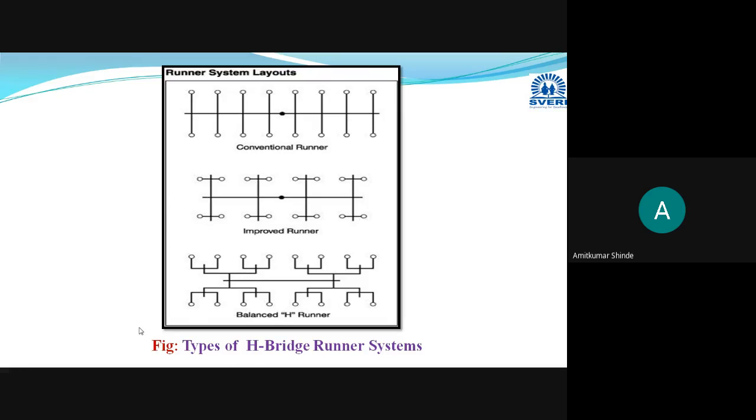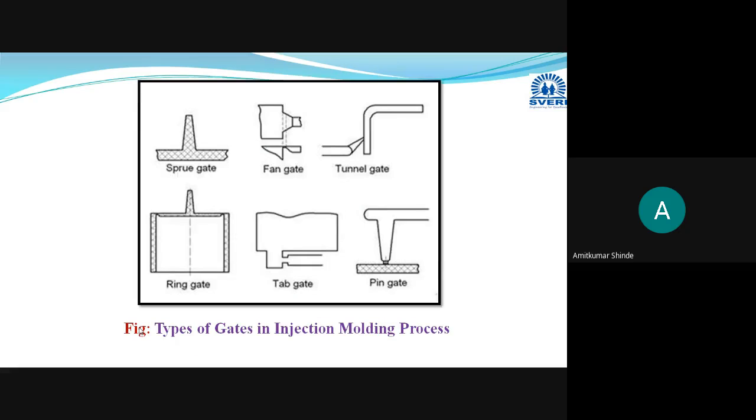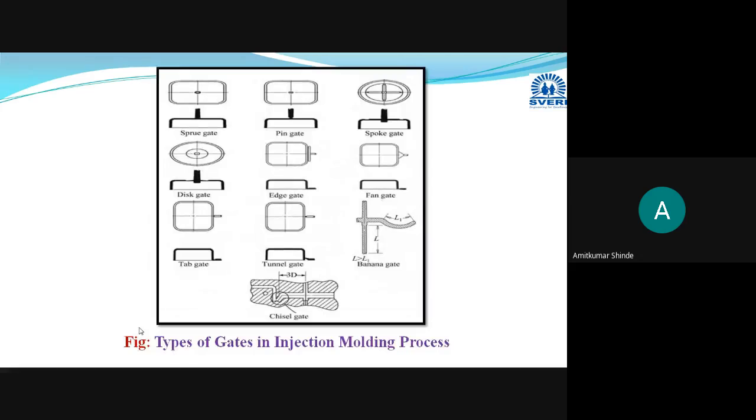Here we are going to understand the runner system and the gating system used. The basic part after this in the injection molding process is the runner system, layout of the runner system, and layout of the gating system or types of gates.